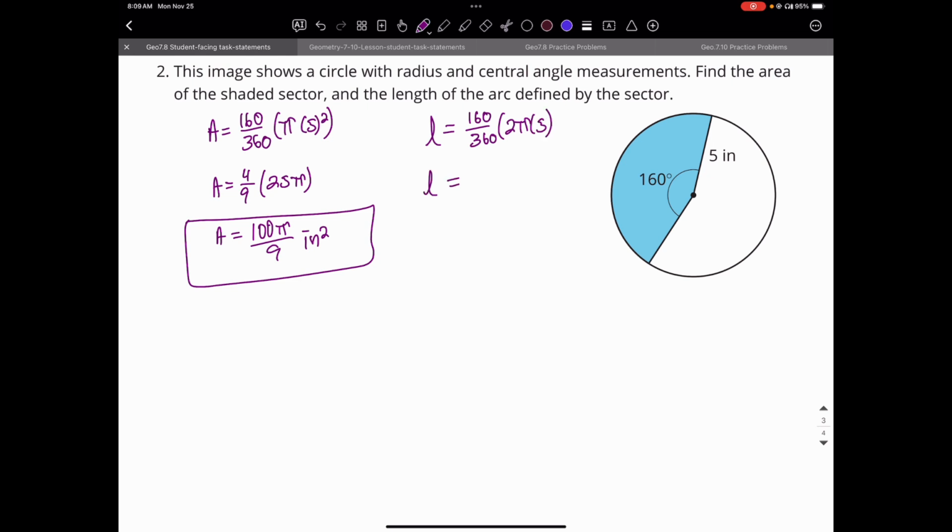So once again, 160 over 360 reduces to 4 over 9 times 2 times 5 is 10 pi, right? So then that would be 40 pi over 9. And that's not going to simplify either, so I'm just going to leave it at that, as the length is 40 pi over 9.